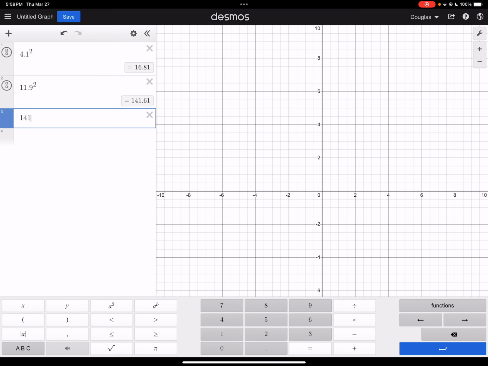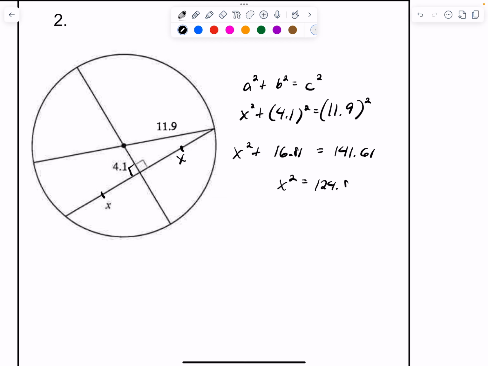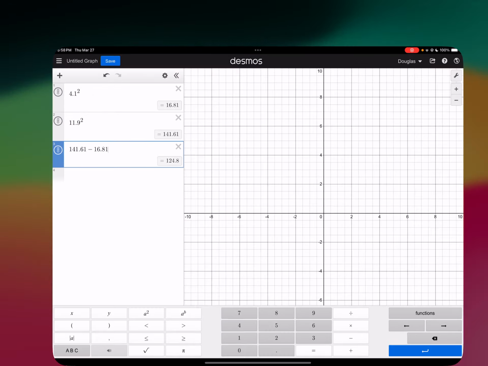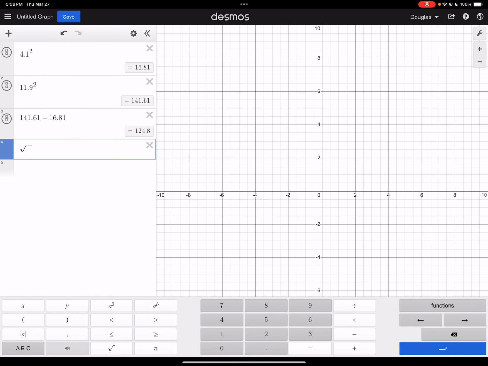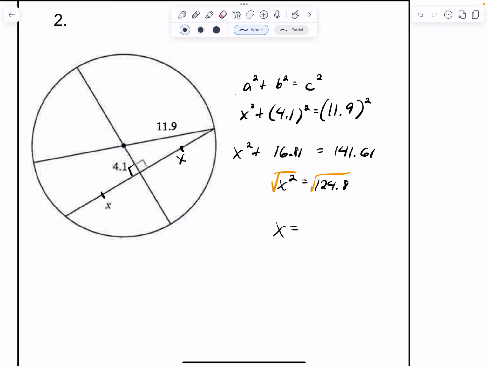So 141.61 minus 16.81 is 124.8. But remember, that is not going to be the value I want. I do need to take the square root of both sides, so the square root of 124.8 is approximately 11.2. So this value for x is approximately 11.2 units.